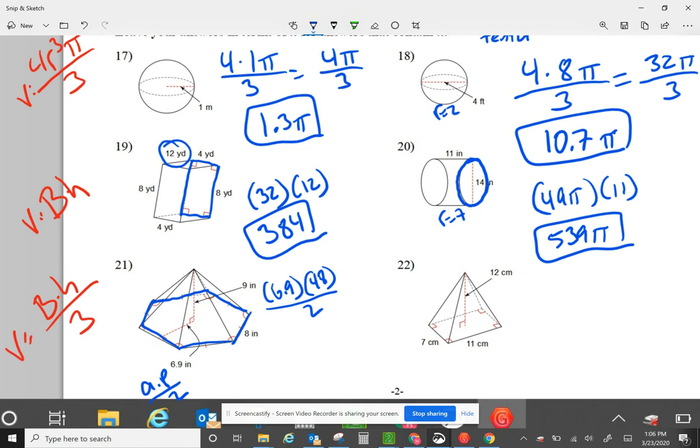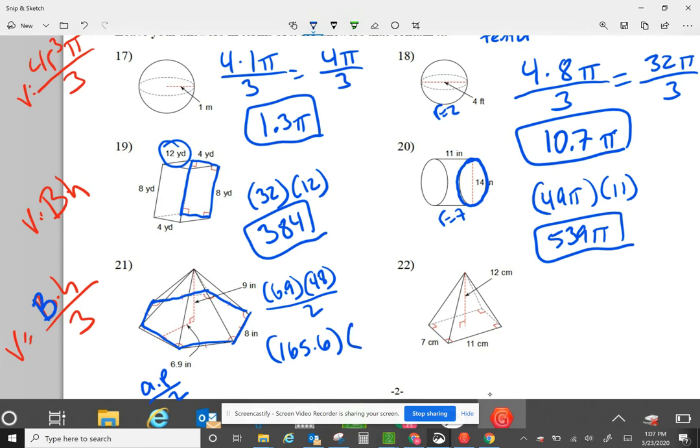So let me just multiply this out. 6.9 times 48 divided by 2. That gives me 165.6. And that is just the area of the base. Remember, I have to go the area of the base times the height divided by 3.